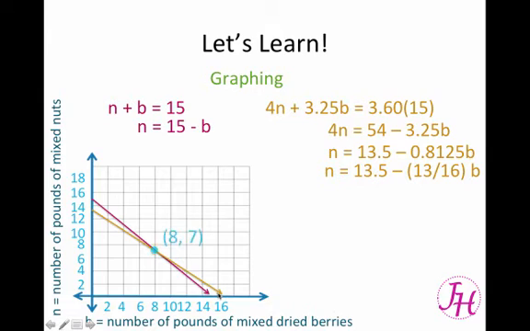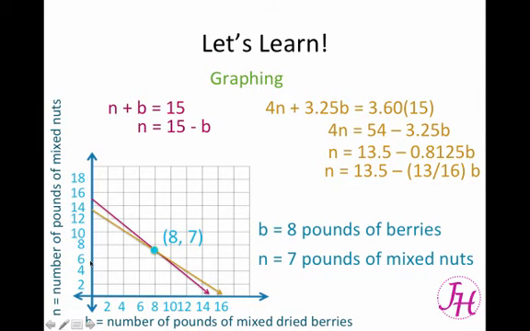And then you notice where they intersect is at the point 8, 7. Remember that 8 was the B value, so we have 8 pounds of mixed dried berries, and 7 is the N value, so 7 pounds of mixed nuts. So the answer to the original question is 7 pounds of mixed nuts.